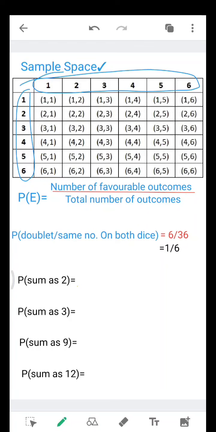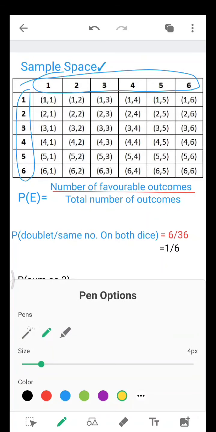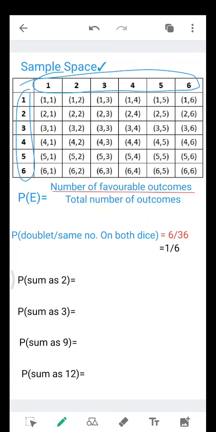So we may get 1 comma 1, we may get 1 comma 2, 1 comma 3, 1 comma 4, 1 comma 5, 1 comma 6, goes on. Then coming to the next, 2 comma 1, 2 comma 2. So this way I have written all the possible outcomes.